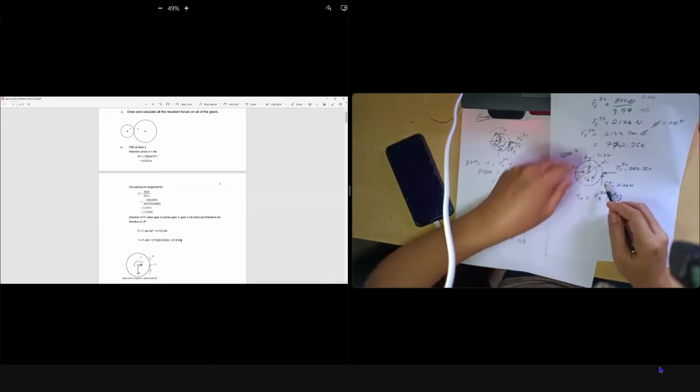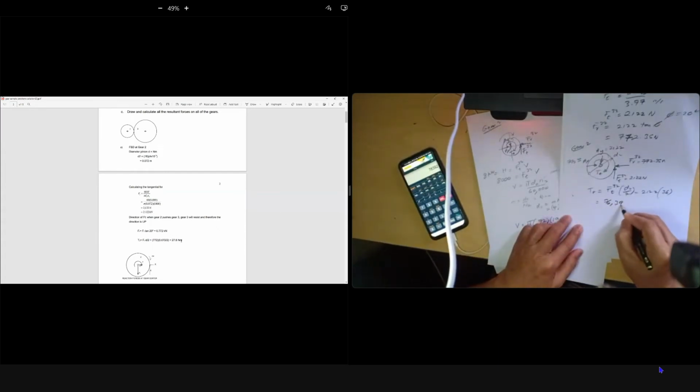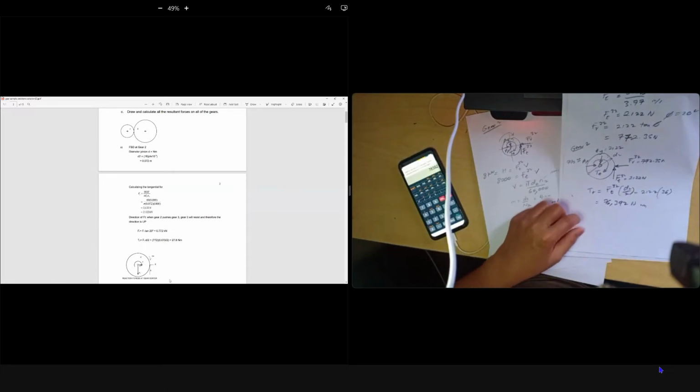The F tangent goes counterclockwise in turning direction, but the reaction goes clockwise at the center of your gear from the shaft. So 2122 times the radius of the shaft, its diameter is 72, so 36, giving 76,392 Newton millimeter.